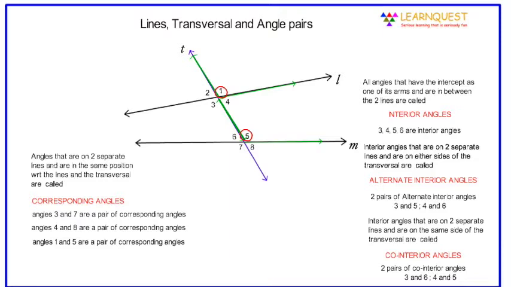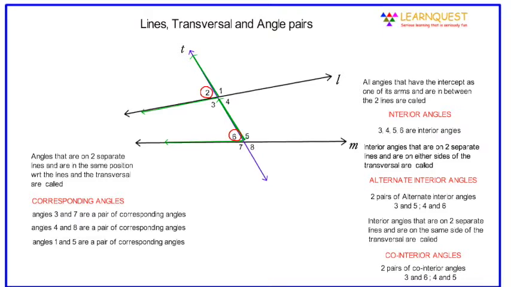Is there any other corresponding pair? Observe angle 2 and angle 6. Again, these two angles are both on the left hand side of the transversal. They are both above their lines and importantly they are on separate lines. So they satisfy the criteria again.